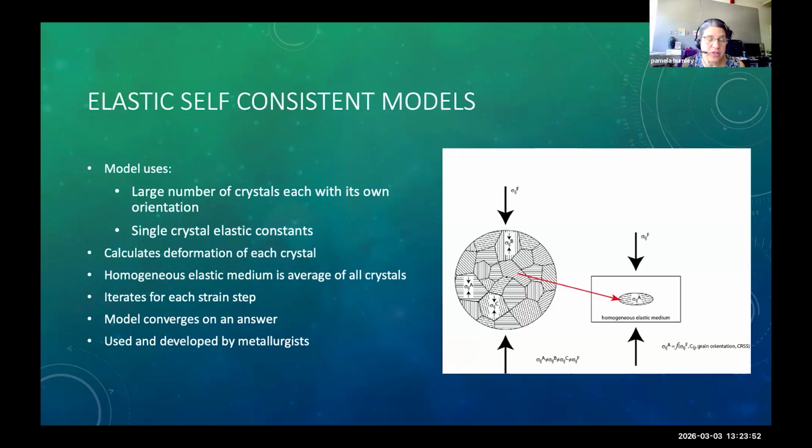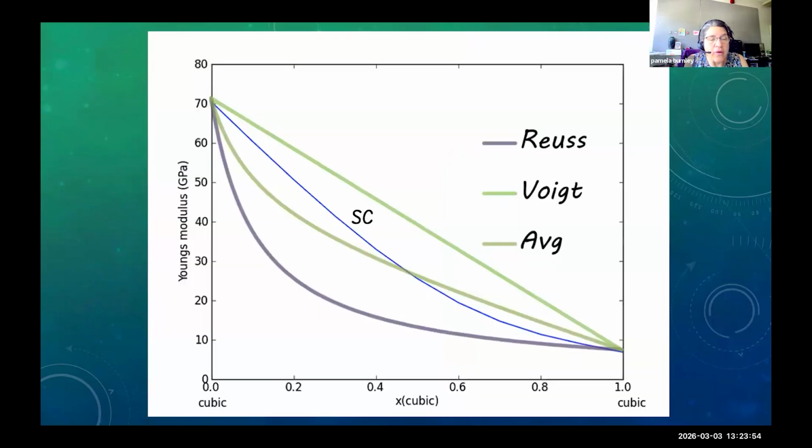And this is what their solution was. So going back to the comparison between the Reuss and the Voigt and the self-consistent average and the Reuss-Voigt-Hill average, here we have our Voigt solution and then the Reuss solution, and then here's that average between the two.